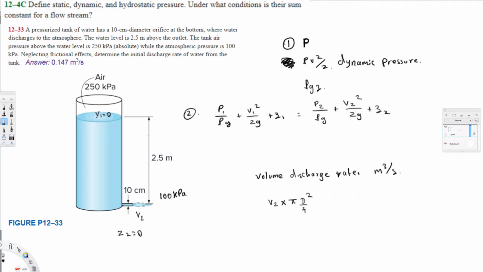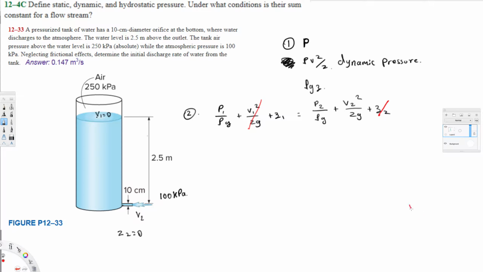So let's cancel all we can cancel. We know that Z2 is 0, we can cancel that one right here. We know that V1 is equal to 0, we can cancel that one right here, and let's continue other things. Maybe I erase this one for now because we don't need it for now. But I note this equation on the side.